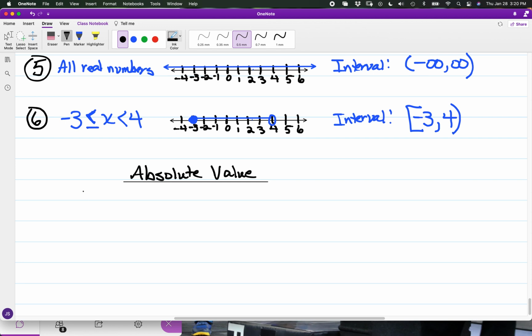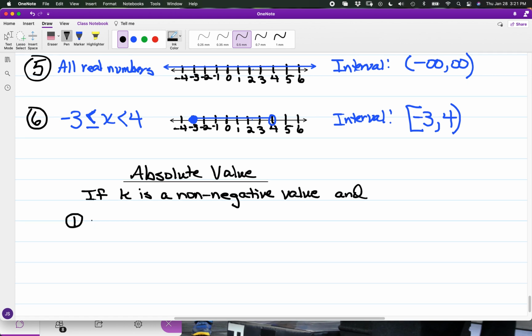And again, if we have that k is a non-negative value, okay, so just again, just tying in what we had with equations.